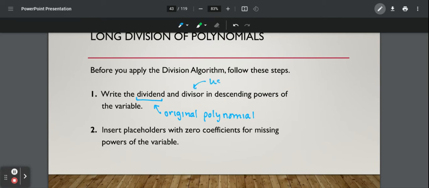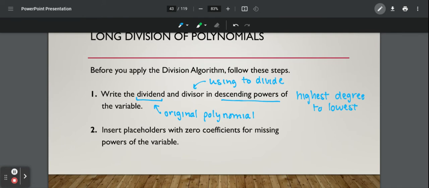This is what you're using to divide. And you have to write it in the order of descending powers. So it starts with the highest degree. What that means is that it's going to go from the highest degree to the lowest degree. So you want it to go in order.